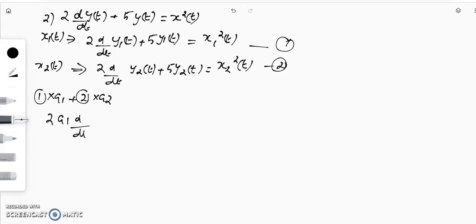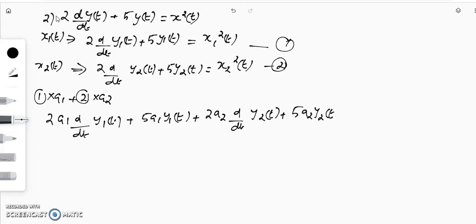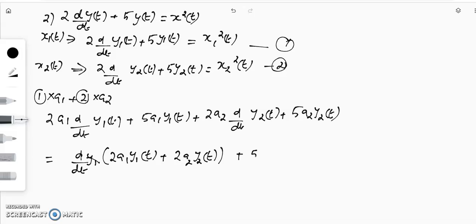Then what you get is 2 into a1 into d by dt of y1t plus 5a1 y1t plus 2a2 d by dt of y2t plus 5a2 y2t, and this equation is equal to, you can take d by dt outside and you will get it as 2 a1 y1t plus 2 a2 y2t, okay, plus you will get again 5 into a1 y1t plus a2 y2t.